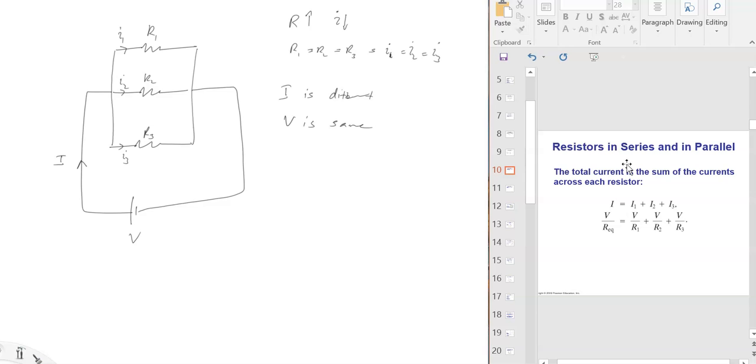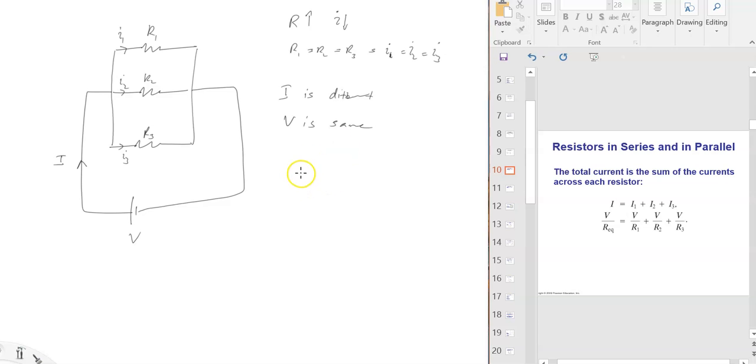So again, we can follow the same path. Here we know it's going to be the current that adds up. So you write that total current is the sum of the 3 currents. And also we know that the voltage is going to be the same.